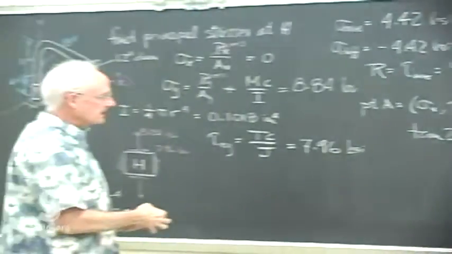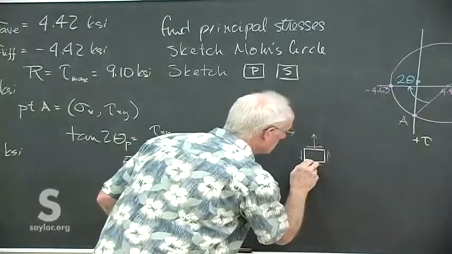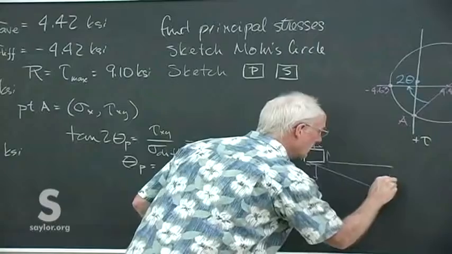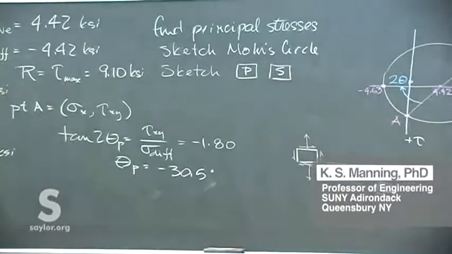And at minus 30 degrees, which is about like that, we have our P direction.